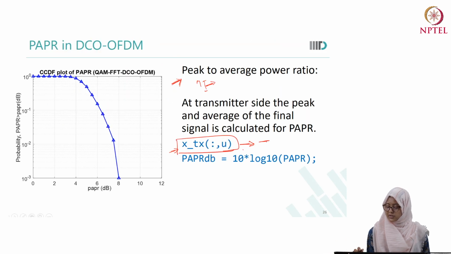PAPR is the peak to average power ratio, so you get that from the transmitter side only. Then you can find it in terms of dB as well: 10 log 10 of PAPR, which is in the form of a ratio.